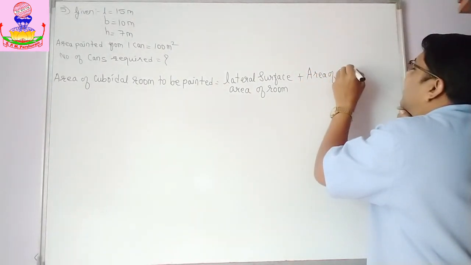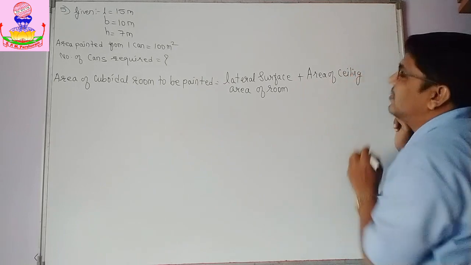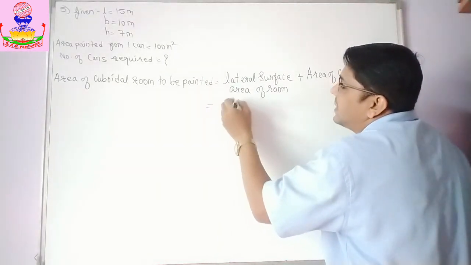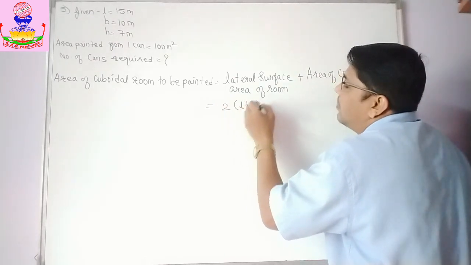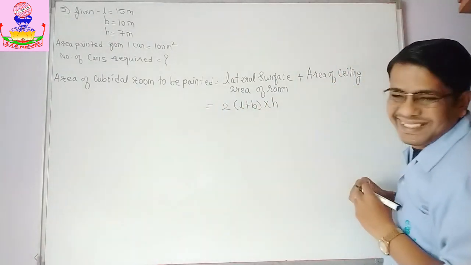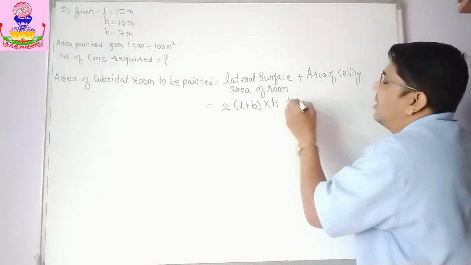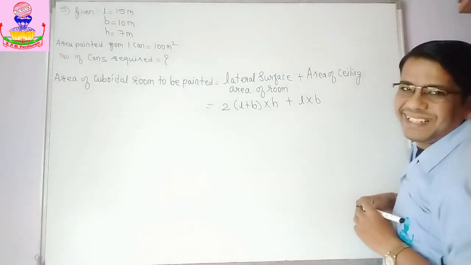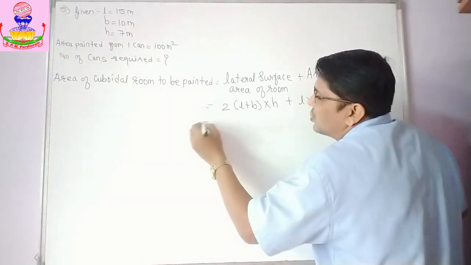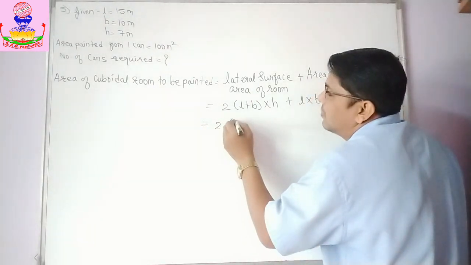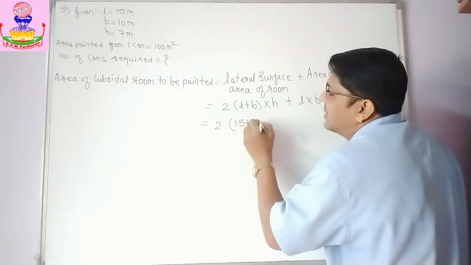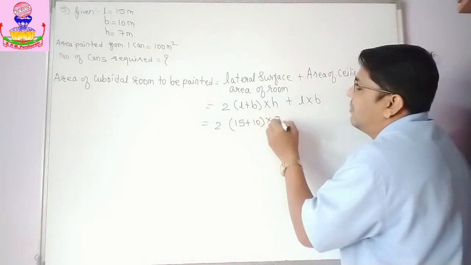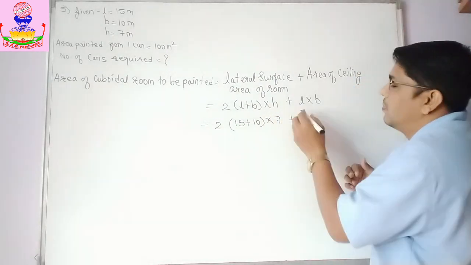Okay, because base or bottom we are not going to take into account. Now lateral surface area 2 into bracket L plus B into H, plus area of ceiling, it is similar to the base, so it will be L into B. Now 2 into bracket, what is length? 15. What is breadth? 10. So 15 plus 10, height is 7, plus L into B.